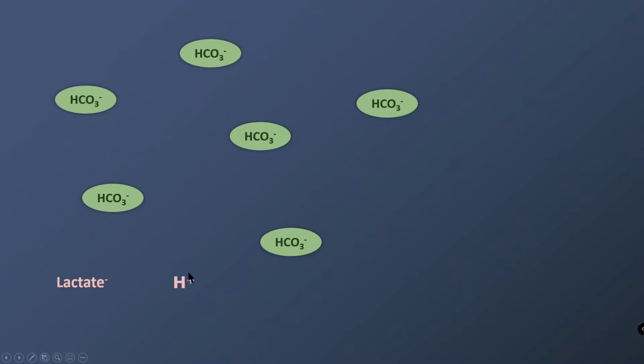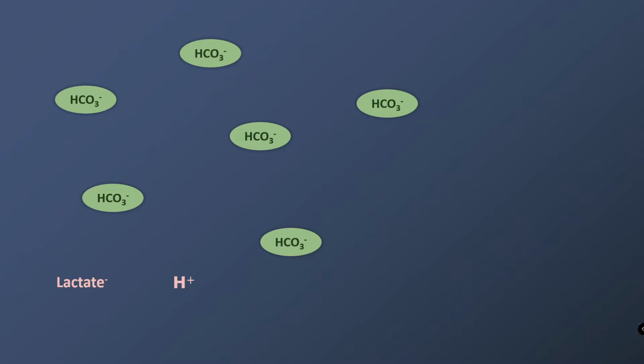Now this free proton is the actual culprit which decreases the pH of plasma. This proton is the chemical that imparts acidity in a substance, right? We have discussed this in detail in the lecture on the concept of pH, right?